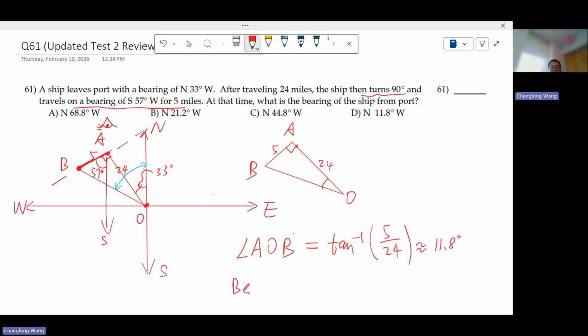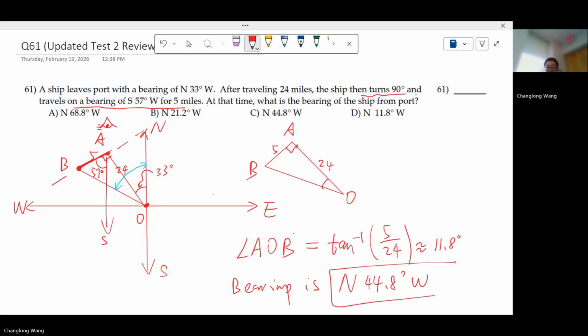So you're going to say the bearing is starting from the north, the angle is 44.8, 11.8 plus 33, west.